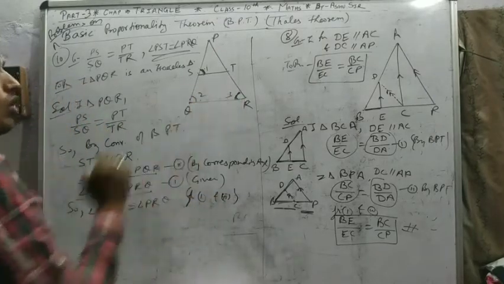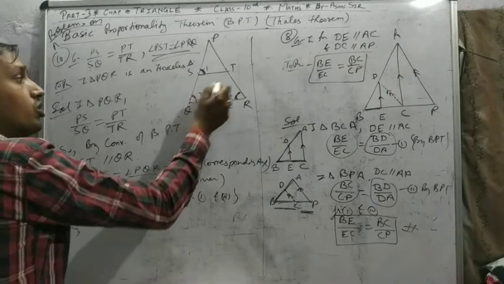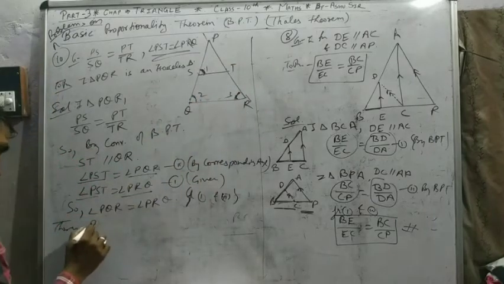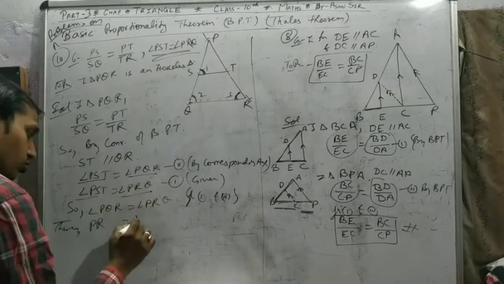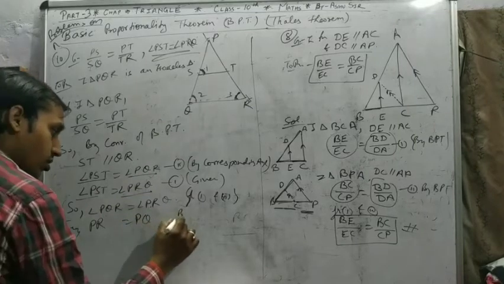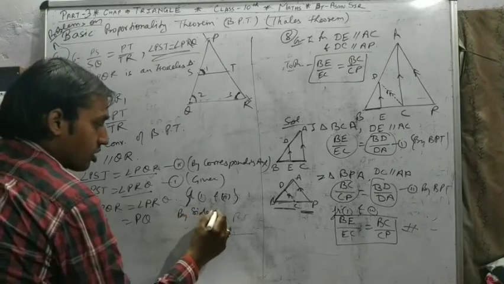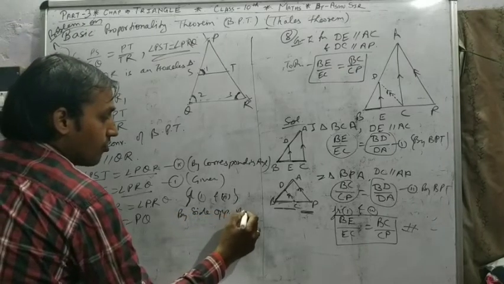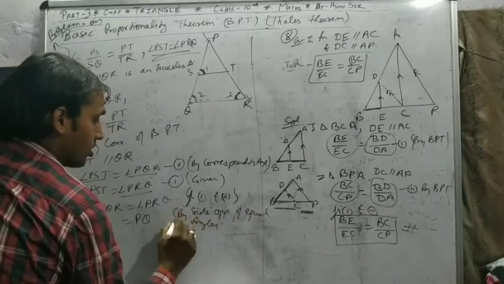Two angles equal, therefore PQR opposite side PR and PRQ opposite side PQ, by sides opposite to equal angles.